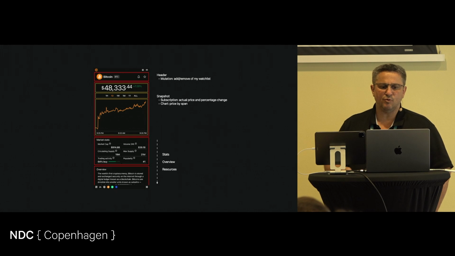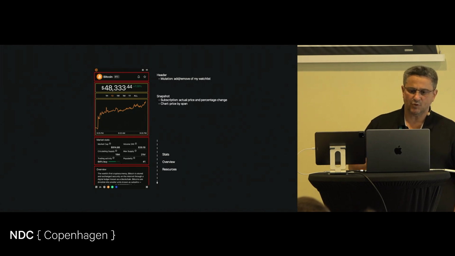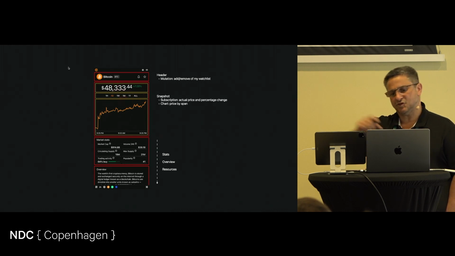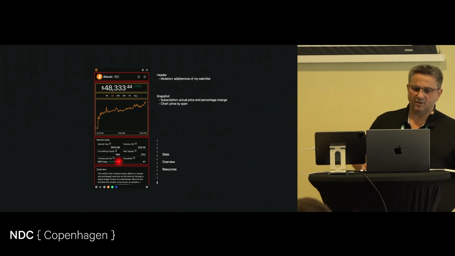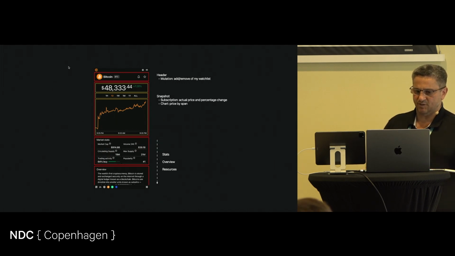We add or remove this currency from our watch list. And in the second part, we have the snapshot that is showing the price activity and also the chart where we can select the time span and the chart will change. The rest of the components, and there can be a lot more, we did just as an example, are just presentational data. We have key value pairs and we do something with them, right?